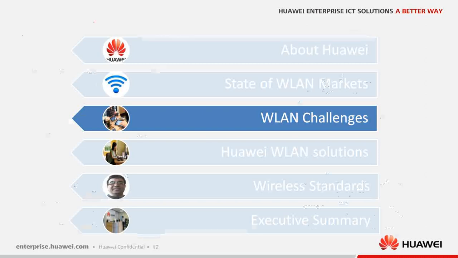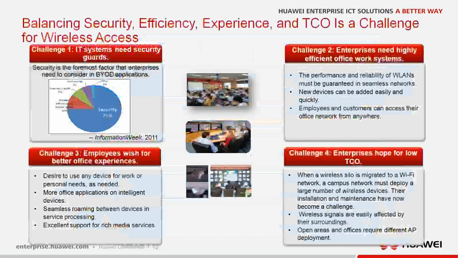Let's go to some of the challenges in the WLAN market. The number one challenge, without doubt, is security. Enterprise wireless LANs have expanded rapidly over the last few years, moving from, say, a hotspot in conference rooms to a pervasive enterprise-wide deployment.